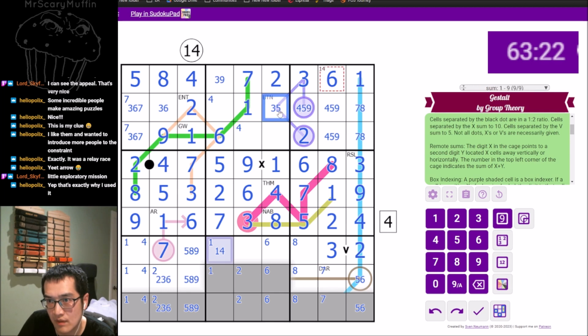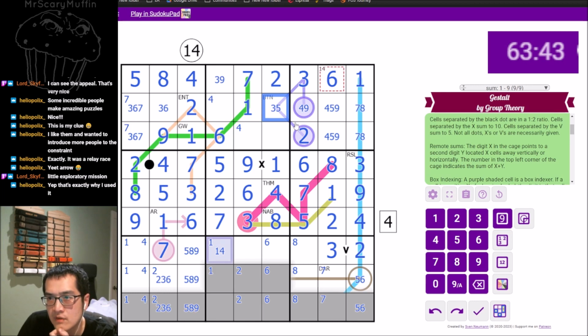This was a 5, this could be a 3 still. 6s can still be here. Oh, this cannot be a 5, sorry. It's the 5 here. So it's a 4 or a 9. If it's 4, this would be a 3. If it's a 9, this could still be a 3.